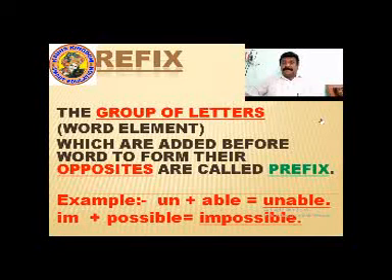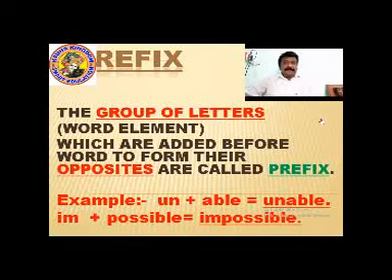For example, let's see, UN plus able equals unable. You can see on the screen, on the mobile, on your computers, what is written: UN. The word UN is used prior to able.